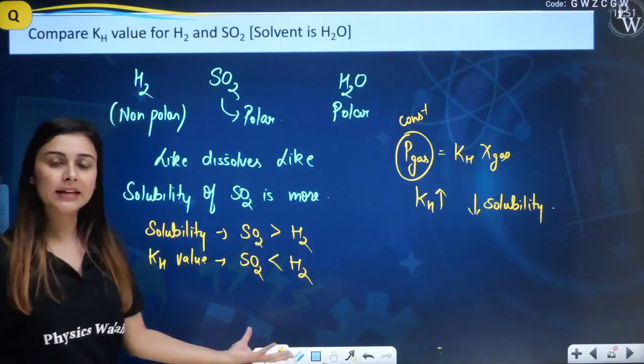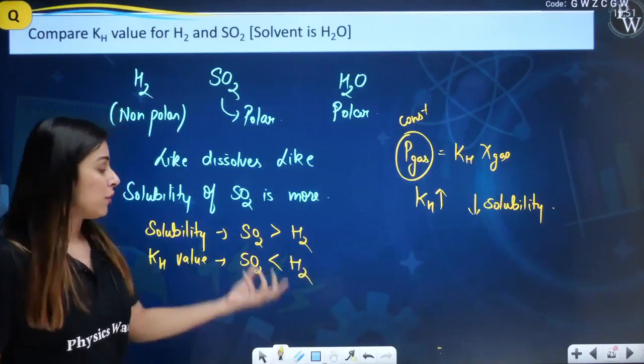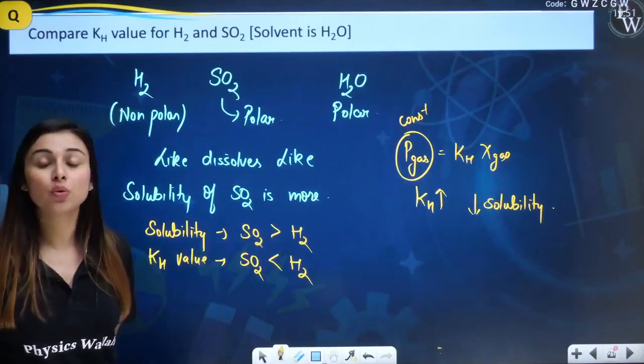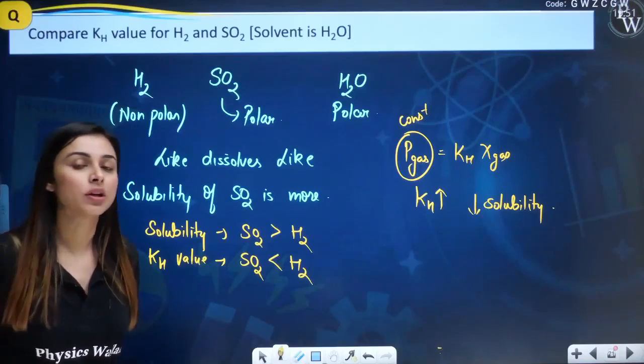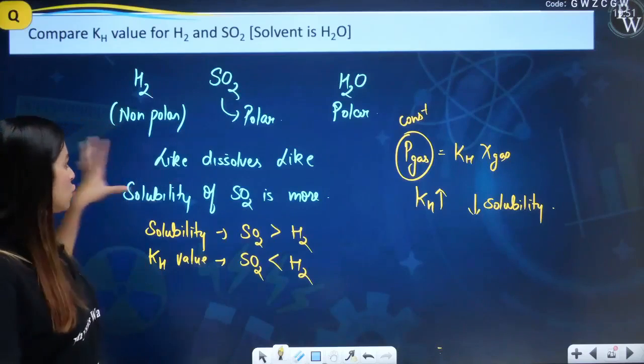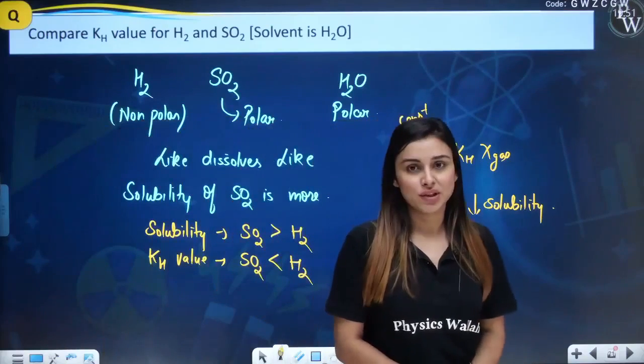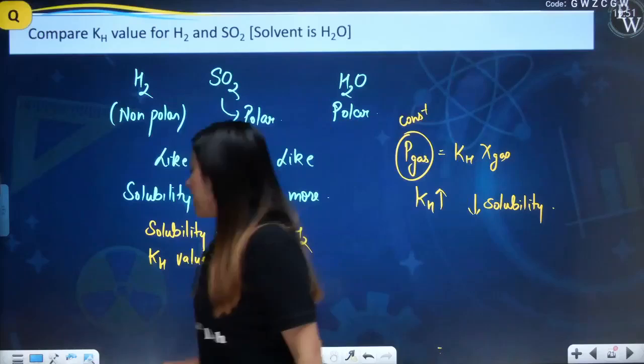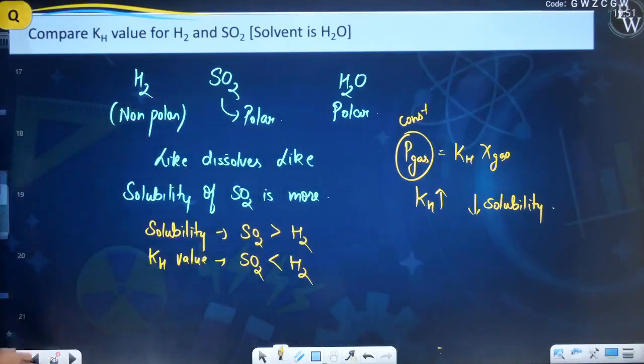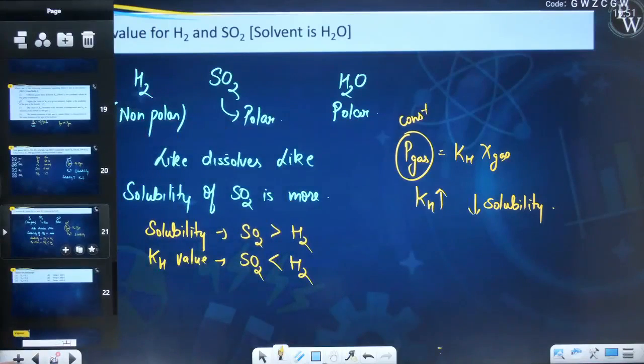So you can say that KH value for H2 will be more than SO2 as solubility of SO2 in water is more. So this is how you were supposed to do this particular question. I hope this is clear with you. You can write this and then we'll move forward.